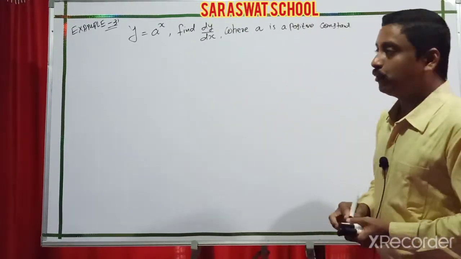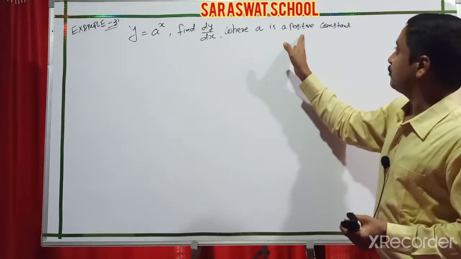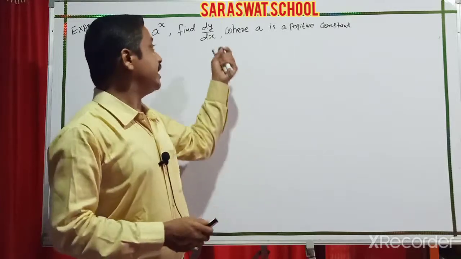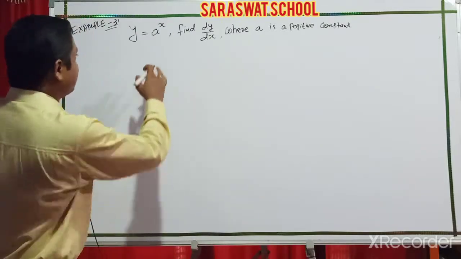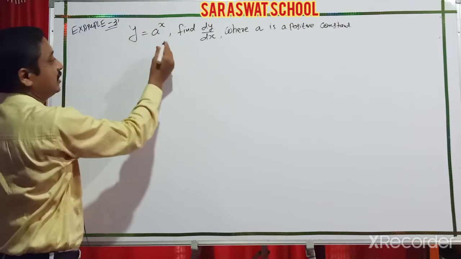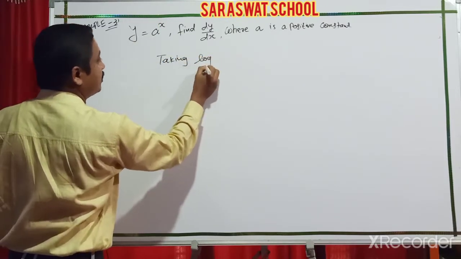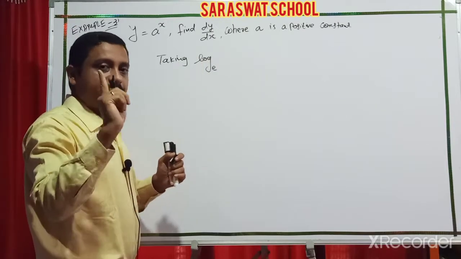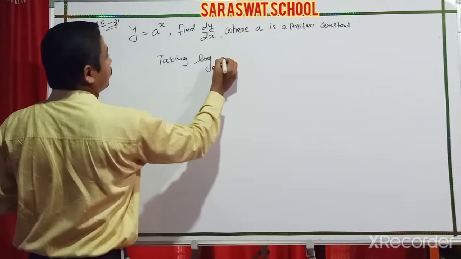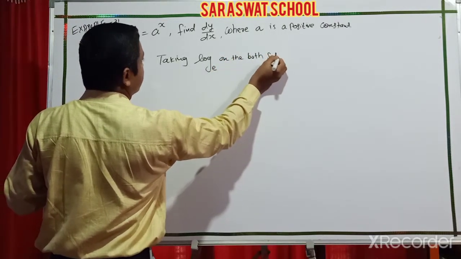Same as, students, I am going to question 31. Y is equal to A raised to x, where A is a positive constant, and it asks for the derivative dy by dx. So here the base and power are given in variable form, a constant and a variable. I take log with the base e on both sides.